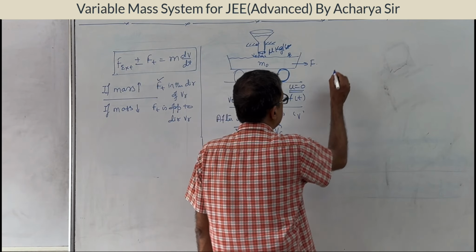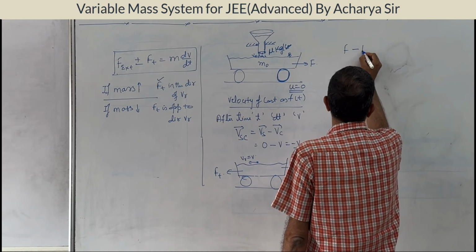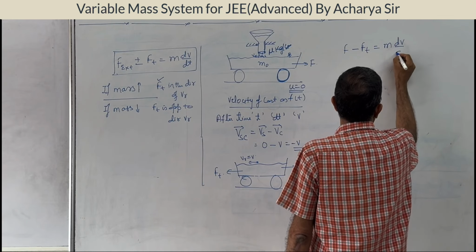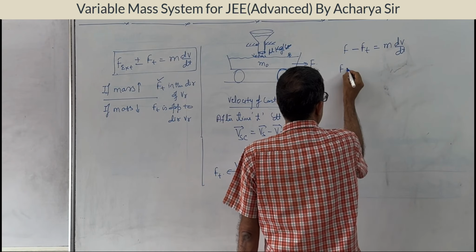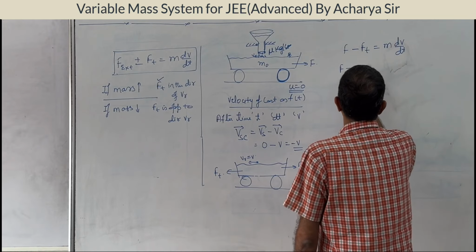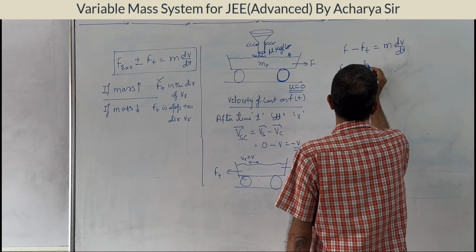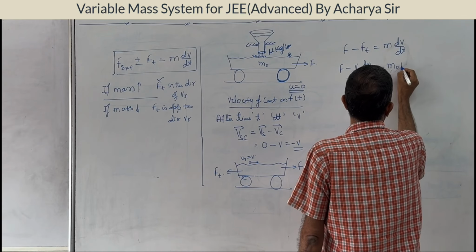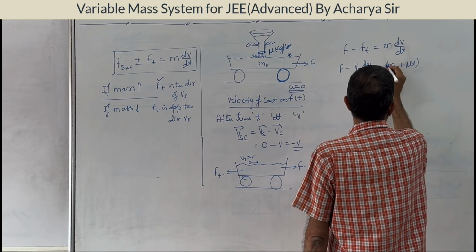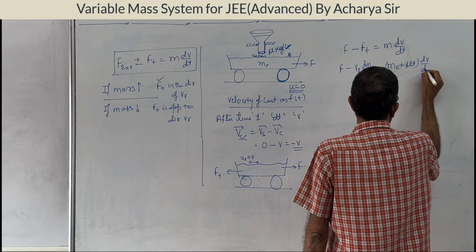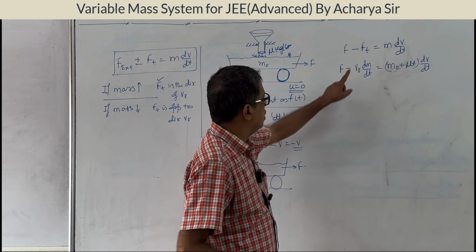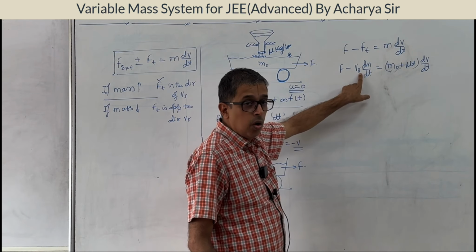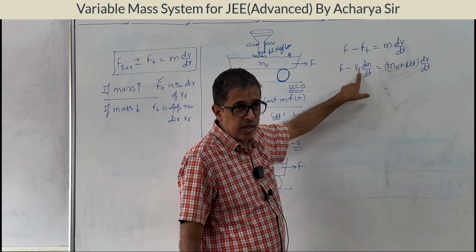Your dynamic equation will be F minus the thrust force is mass into acceleration. F minus thrust force is Vr dm by dt, equal to m naught plus mu t into dv by dt. Concentrate on this. I will not again put a negative sign here. This already involves the direction.